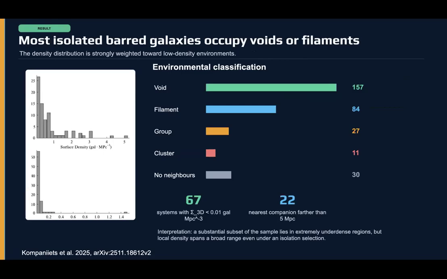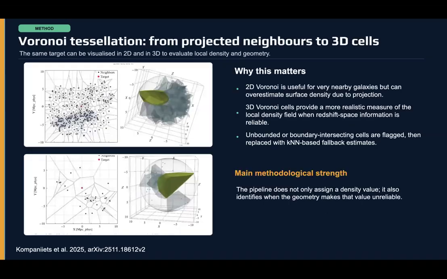And here you can see how the most isolated Swift BAT galaxies occupy voids or filaments, and the distribution for this part. So most galaxies are located in voids, but in a small sample we can see that some are located in groups and clusters. So we should now reclassify more past isolated AGN catalogs with all available data.